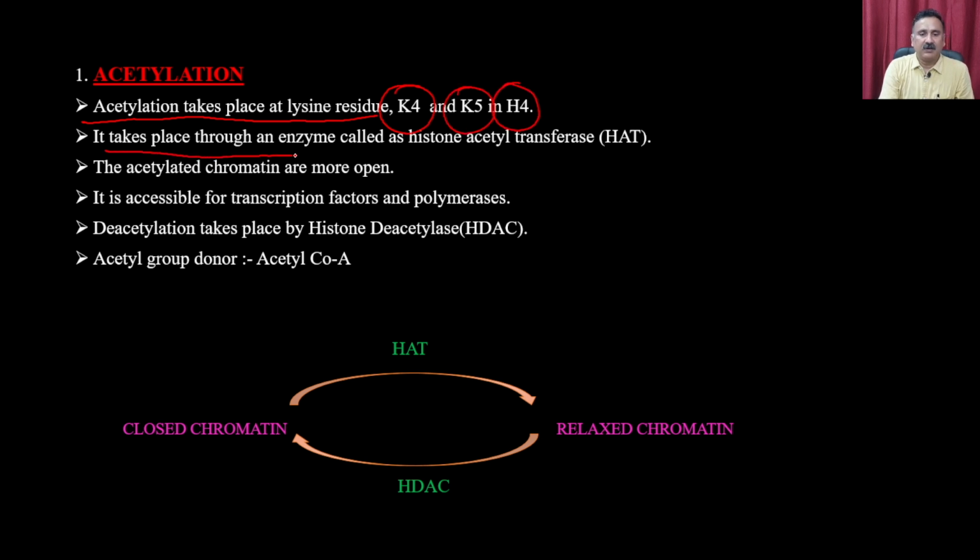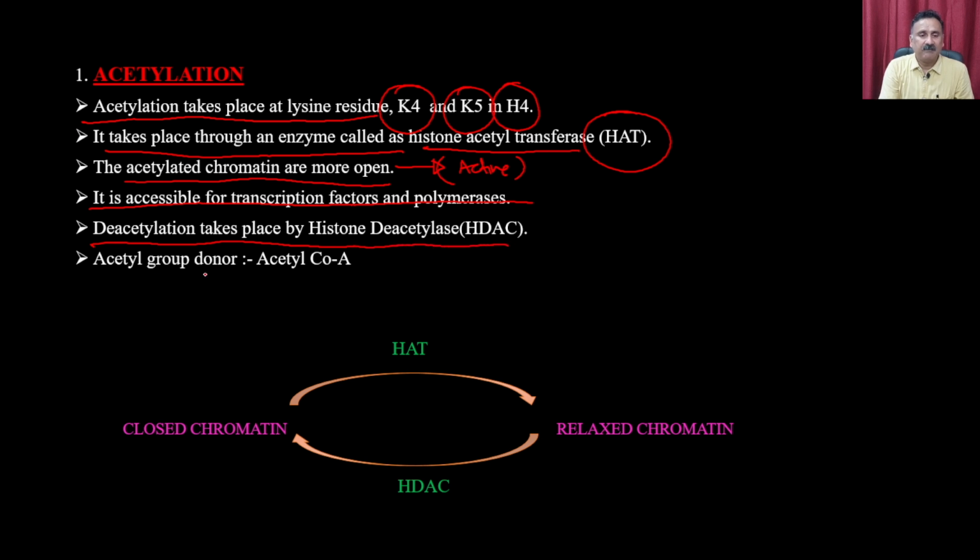It takes place through an enzyme which is called histone acetyltransferase or HAT. The acetylated chromatins are more open. This means they are going to be active in terms of replication and transcription. It is accessible for transcription factors and polymerases. Deacetylation takes place by the histone deacetylase or HDAC. The acetyl group donor is acetyl CoA.